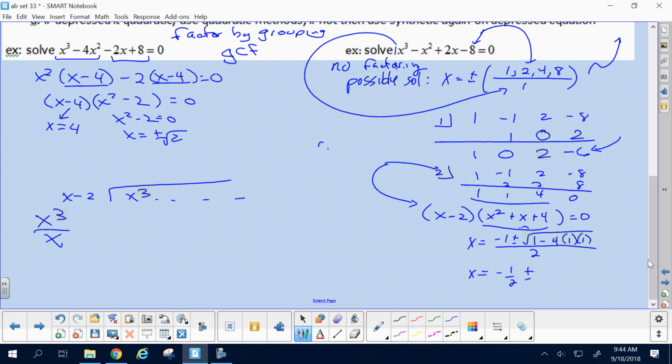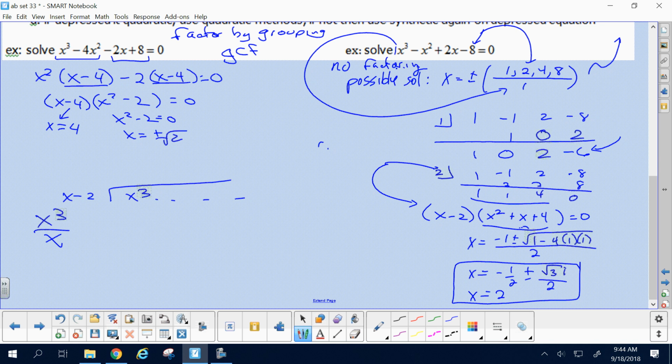Simplify that root for me, please. Negative 3 in the root, which means 3i over 2. Okay? Now that combined with the 2 is 3 solutions. 2 imaginary, 1 real.